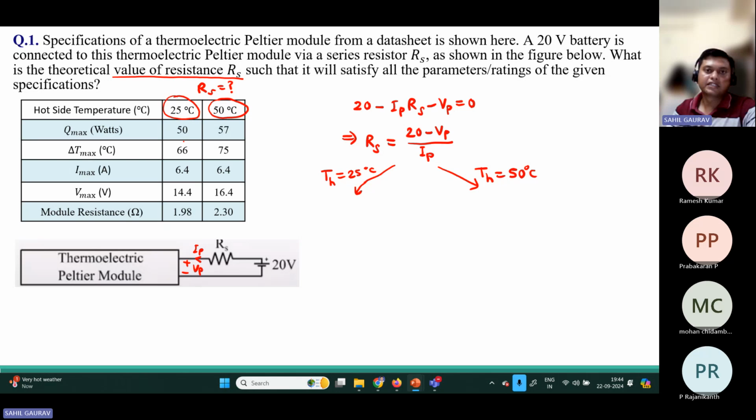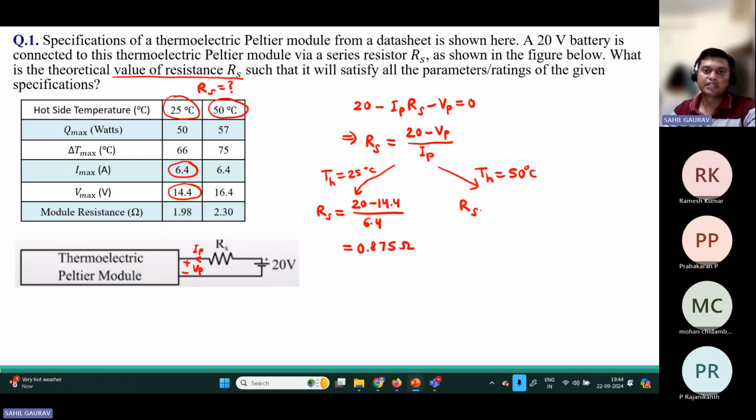At 25 degrees Celsius, Vp is given as 14.4 and Ip is given as 6.4. So (20 minus 14.4) upon 6.4. So this Rs will come as 0.875.